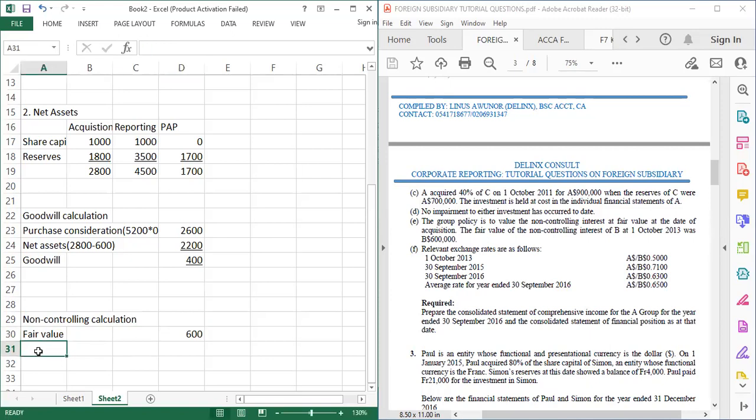So what will increase the NCI? It is a share of post-acquisition profit. The share of profit will be 20% of that amount.